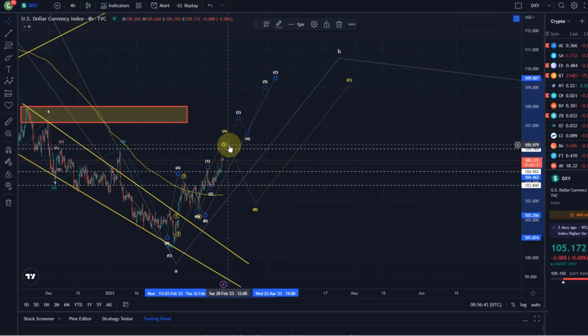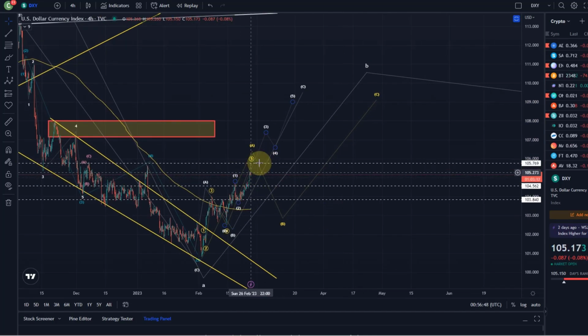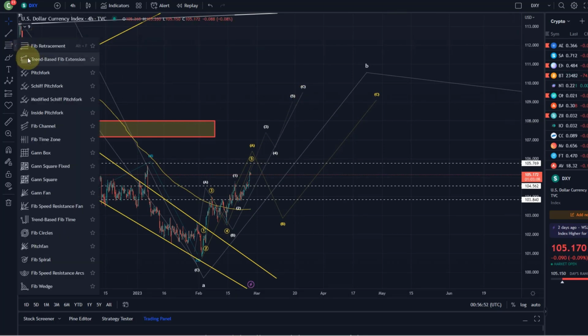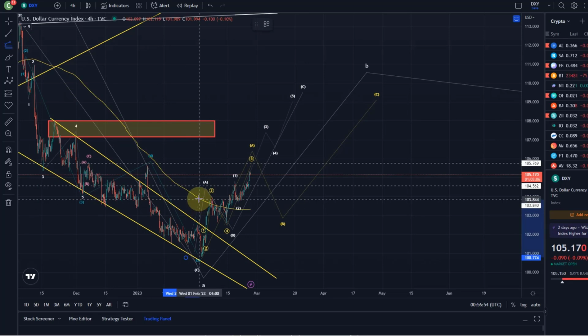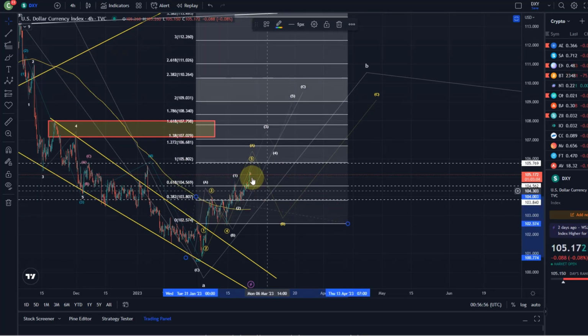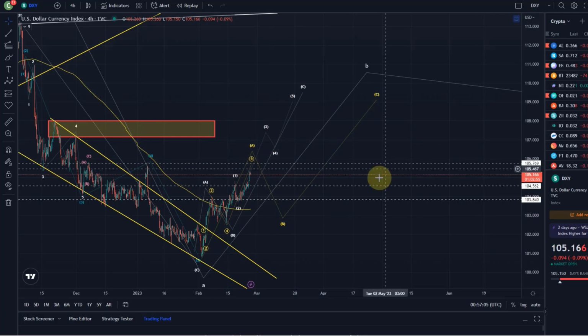If we don't see a reaction, I think we could see some further downside in the crypto markets and other markets as the DXY climbs higher. Target-wise, what can we expect for this C wave? I think we look at least at an area around, I'd say, 107.80, which would not be unrealistic, possibly higher. We'll see.